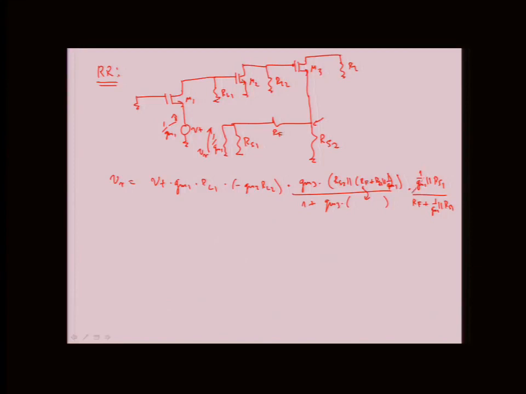Here we can assume that this is just 1 over GM1, right? So this whole thing will become 1 over 1 plus GM1 RF. So then my RR is going to be minus VR over VT. So I'm not going to repeat it.